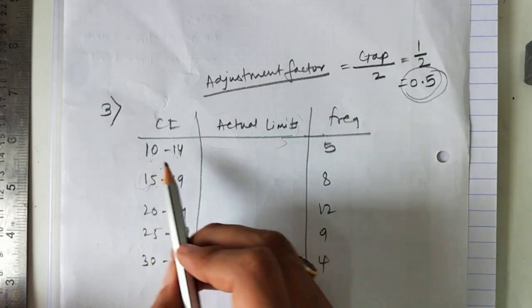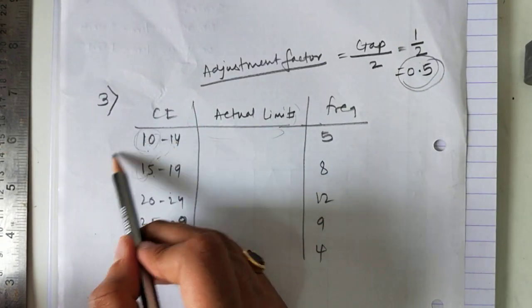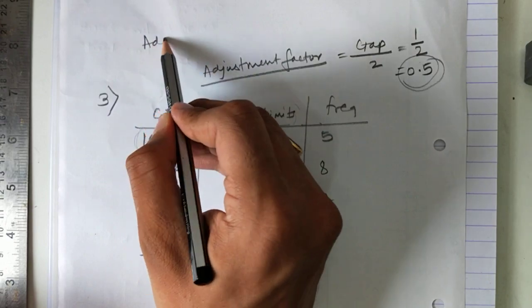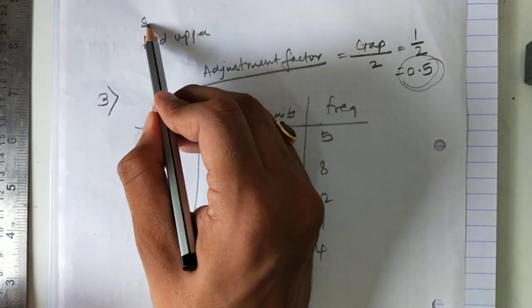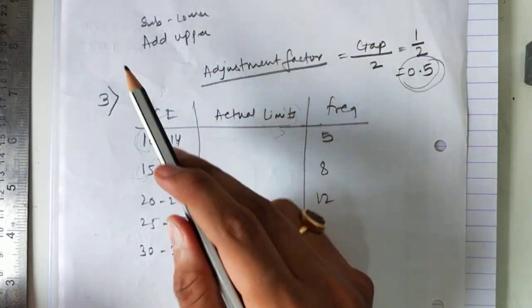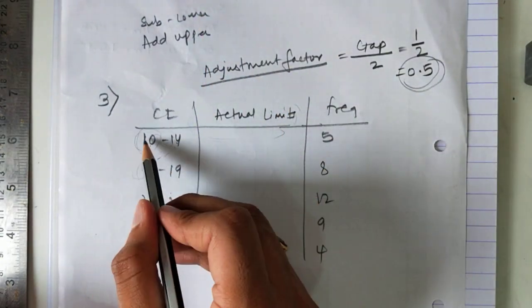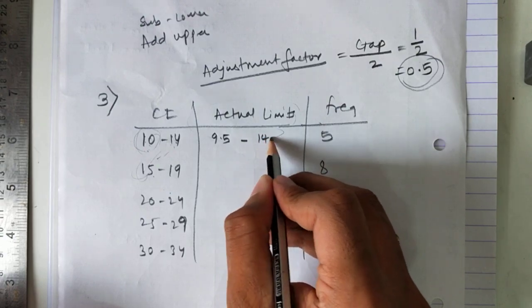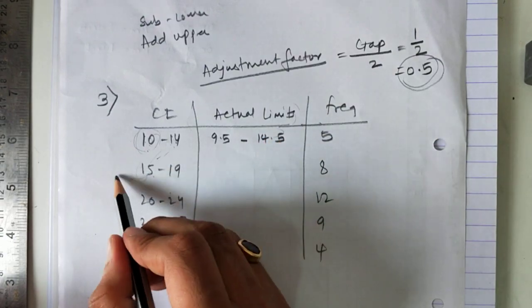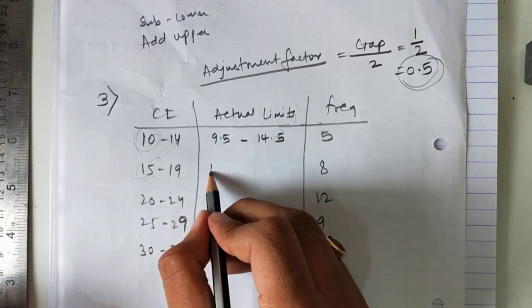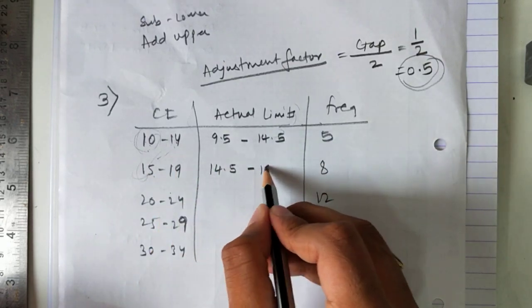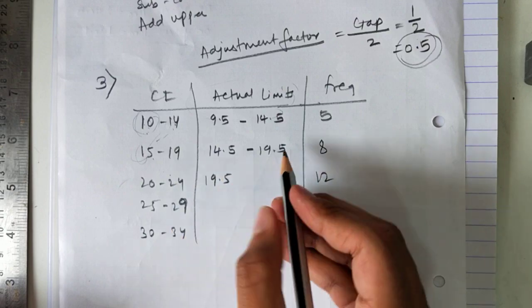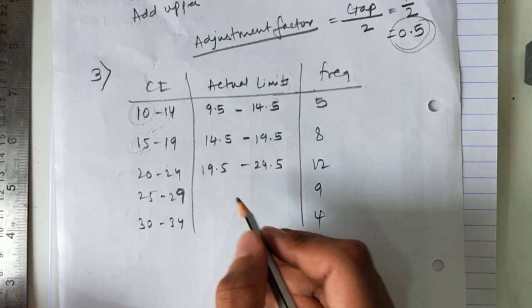Now how to use it here? The adjustment factor has to be subtracted from the lower limit and added to the upper limit. Add in the upper limit and subtract in the lower limit. I hope you remember from the first exercise. So we subtract: 10 minus 0.5 will be 9.5. 14 plus 0.5 will be 14.5. Here 15 minus 0.5, so this will be 14.5, and 19 plus 0.5 is 19.5. 20 minus 0.5 is 19.5. 24 plus 0.5 is 24.5.